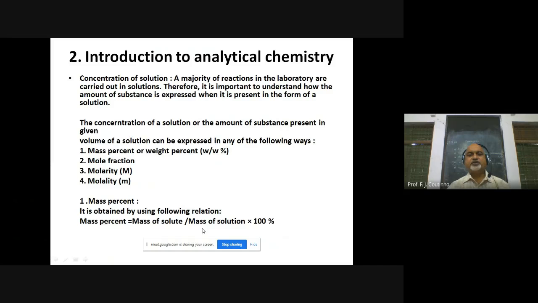The unit of solute is grams or kilograms. So mass of the solute divided by mass of the solution, times 100%, because we are calculating percent. This is how we can calculate the mass percentage of a particular compound.